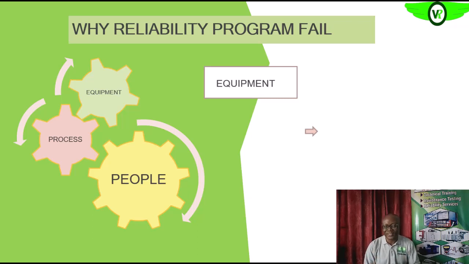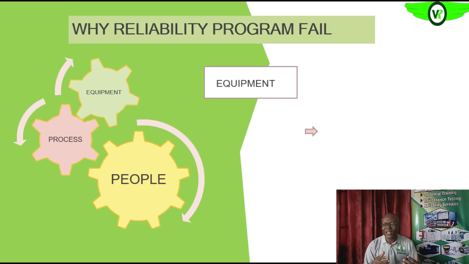Okay, now, like we said earlier, most times when we deploy a reliability program, we just look at the equipment. Let's take, for example, a facility that may decide to improve the reliability of, let me say, the pump system. That is the pump and the driver that is attached to the pump.